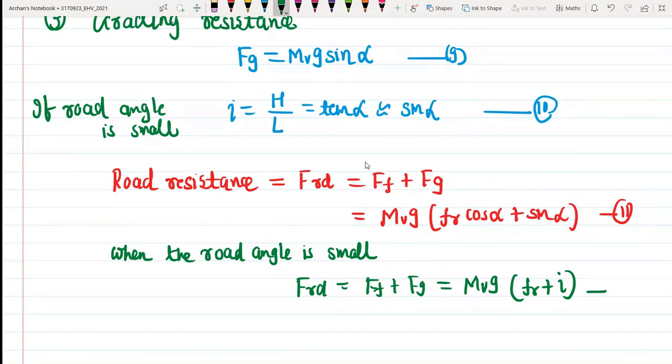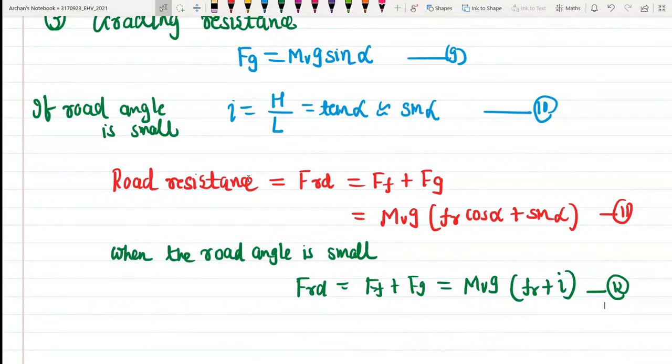This is the equation we are going to use in order to find the different resistances. This is my total road resistance, which is the summation of rolling resistance plus grading resistance. So this is all about the resistances offered while the vehicle is moving.